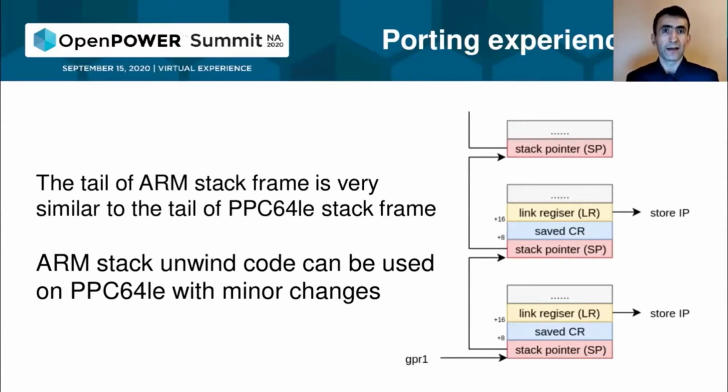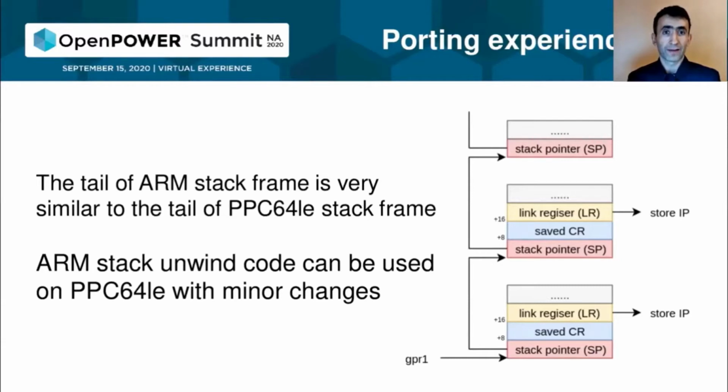Initially, I reviewed the Linux kernel for OpenPOWER and built my own version of stack unwinding. Then I compared what I got with the ARM unwind code, which already exists in LinuxKI, and found that the code is very similar.